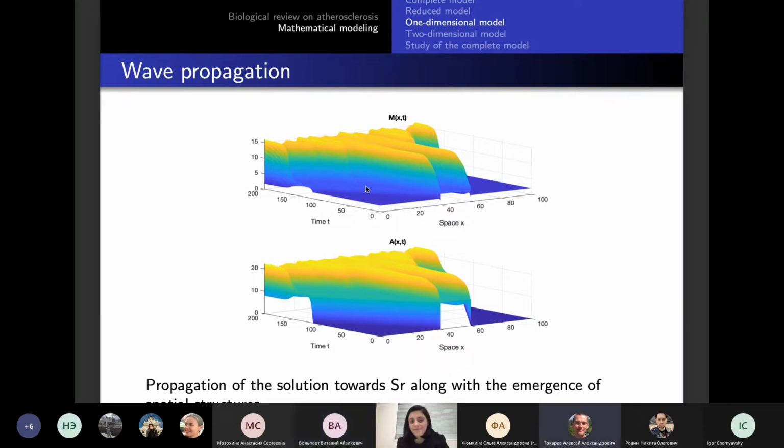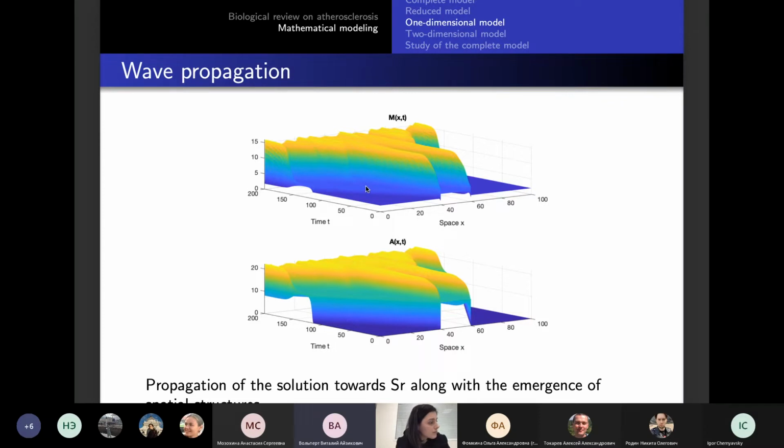So this means that the plaque should migrate along the wall. No. First of all, let us call it a fatty streak, not plaque, because plaque, as we discussed previously, is different.